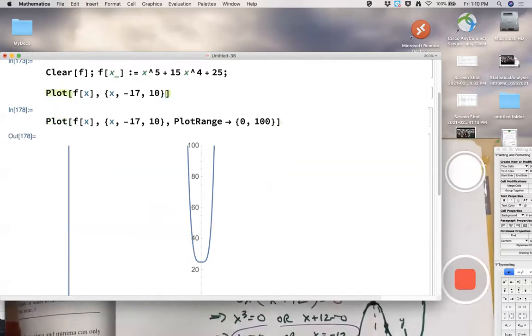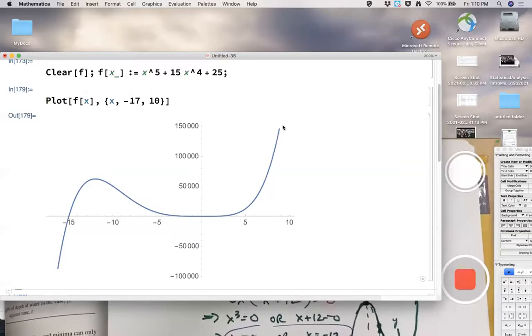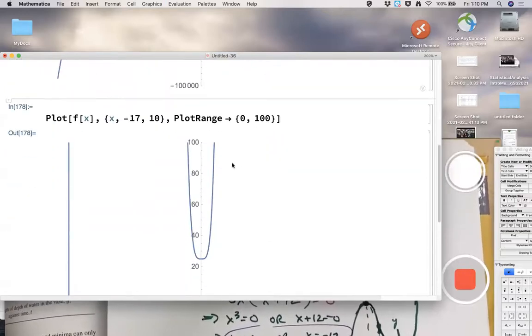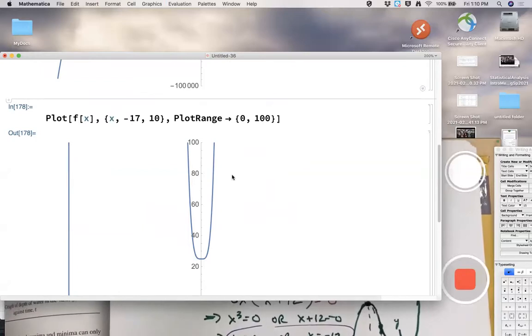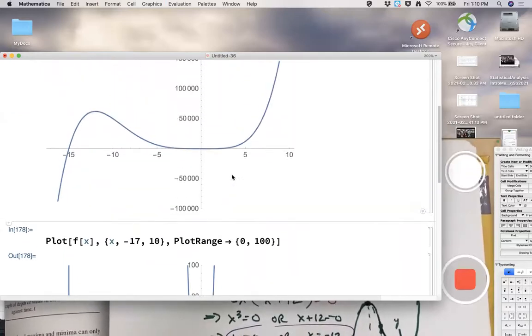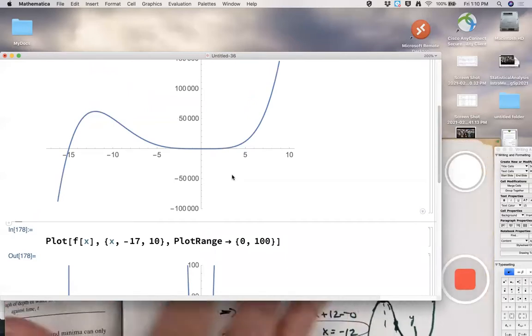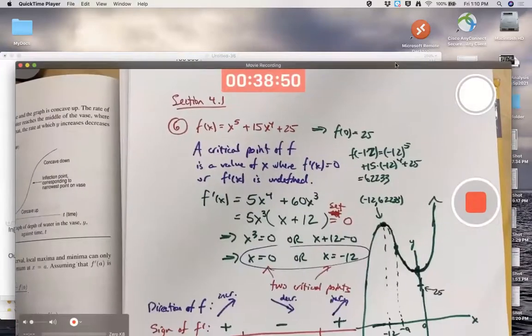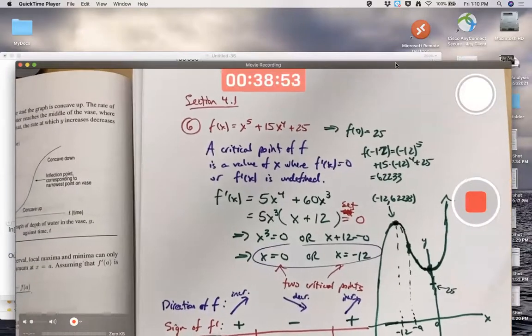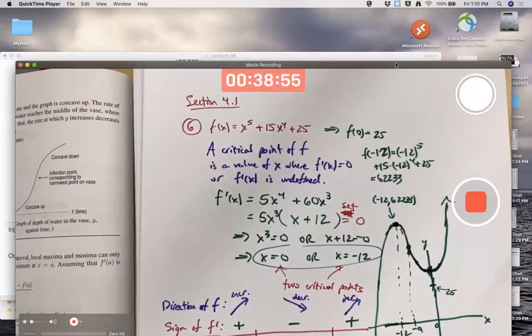So let Mathematica pick the plot range, it looks like that. You pick a plot range like 0 to 100, it looks like that. It looks different, but it really is still the same function. The scales are affecting your view of it. And even with the technology, what I'm trying to emphasize is the calculus calculations can still help you understand what's going on and why you're seeing different things at different scales in this example.